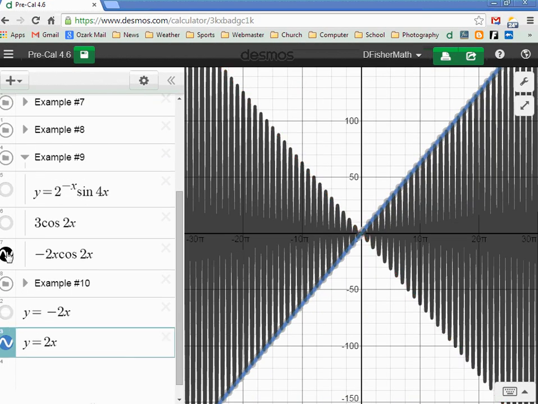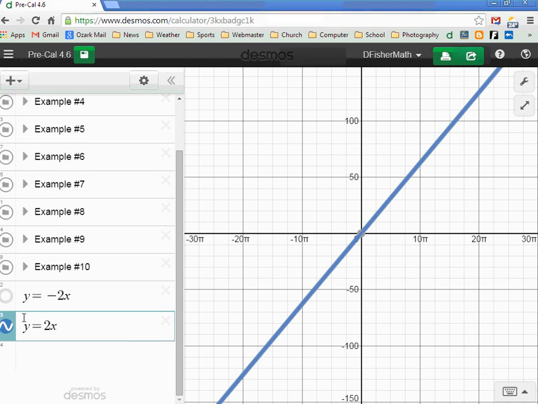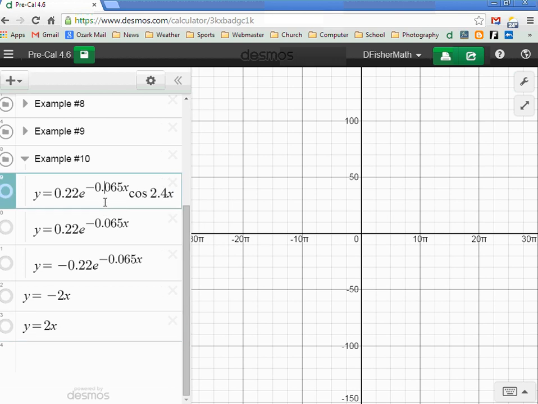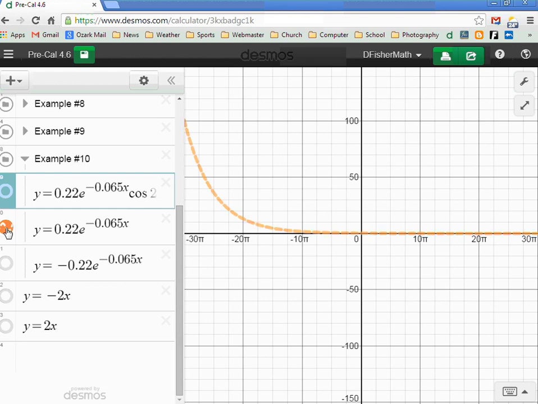Turn off our cool things down here. Okay, here is our original graph, and here are the two boundary lines. There's the original one, and here's the negative of it. So there's my boundary. Now I'm going to change my scale a little because look how squished.